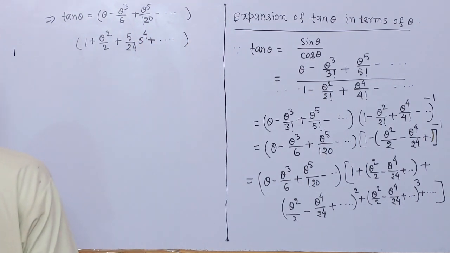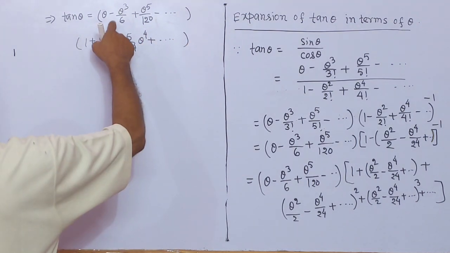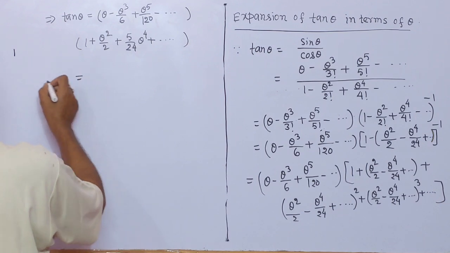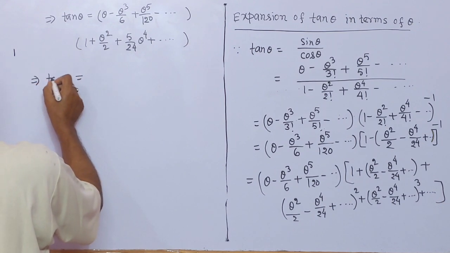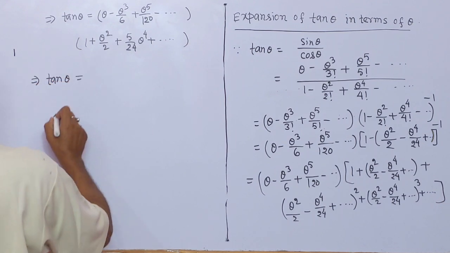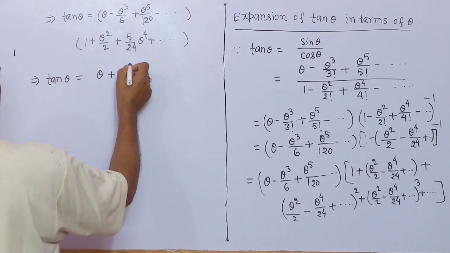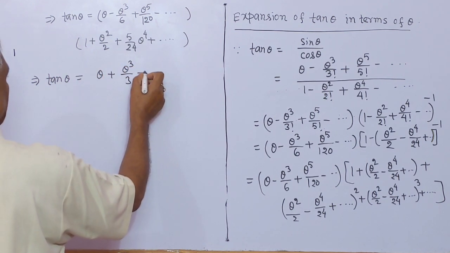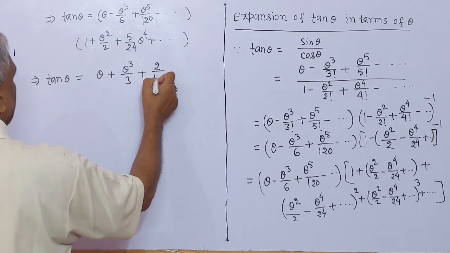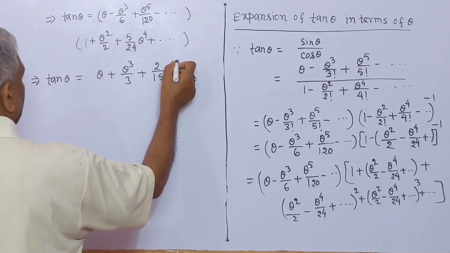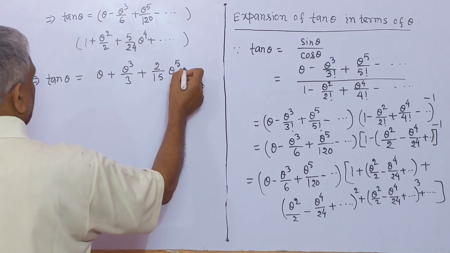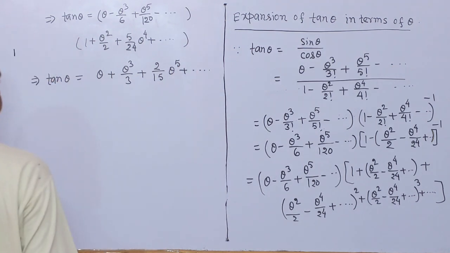If we calculate this, we may write tan theta equals theta plus theta cube by 3 plus 2 by 15 theta to the power 5 plus dot dot dot dot.